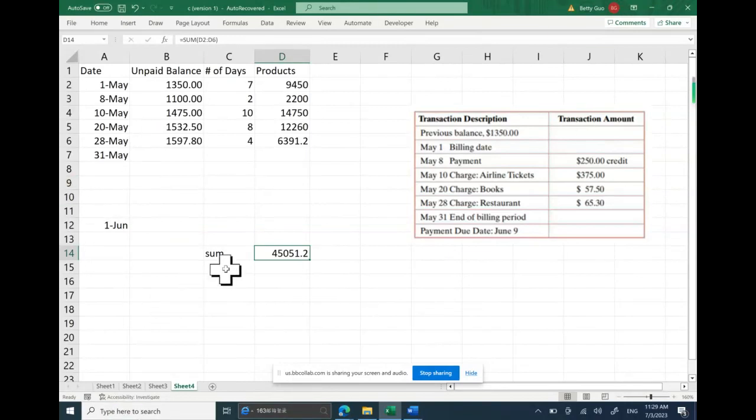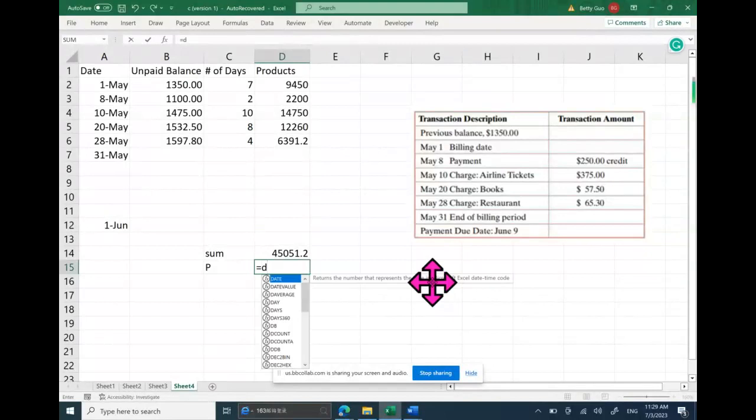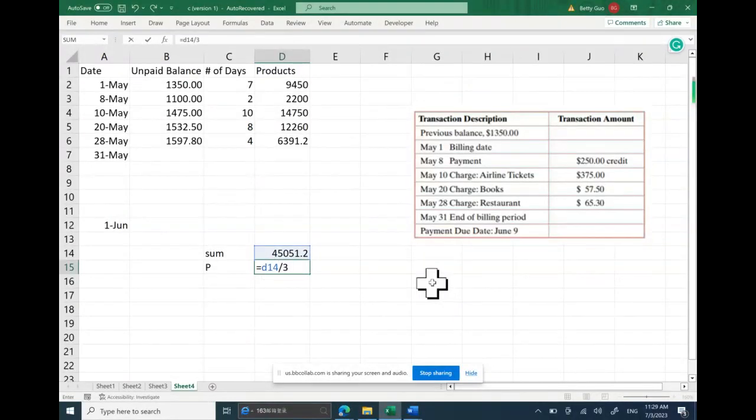And then if we divide the sum by 31, D14 by 31, where 31 is the number of days in the billing cycle in May, we would have the average daily balance.